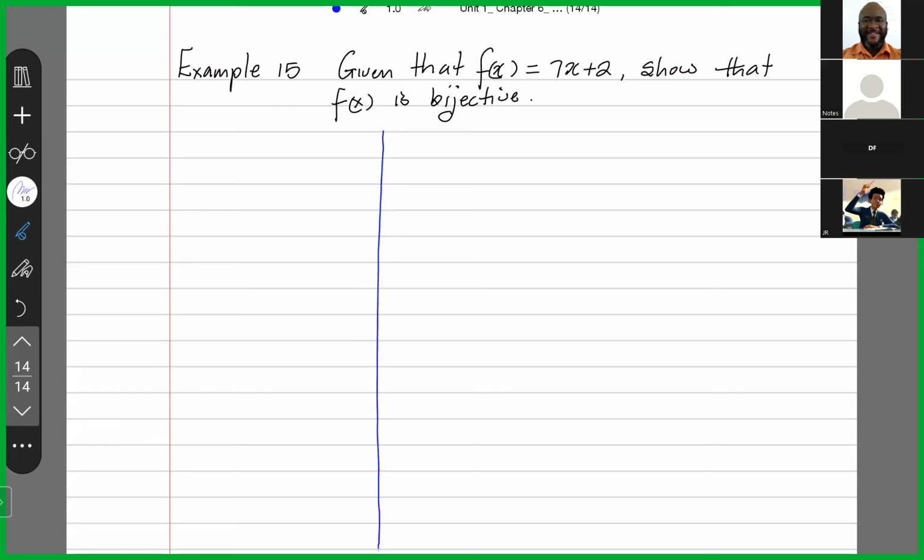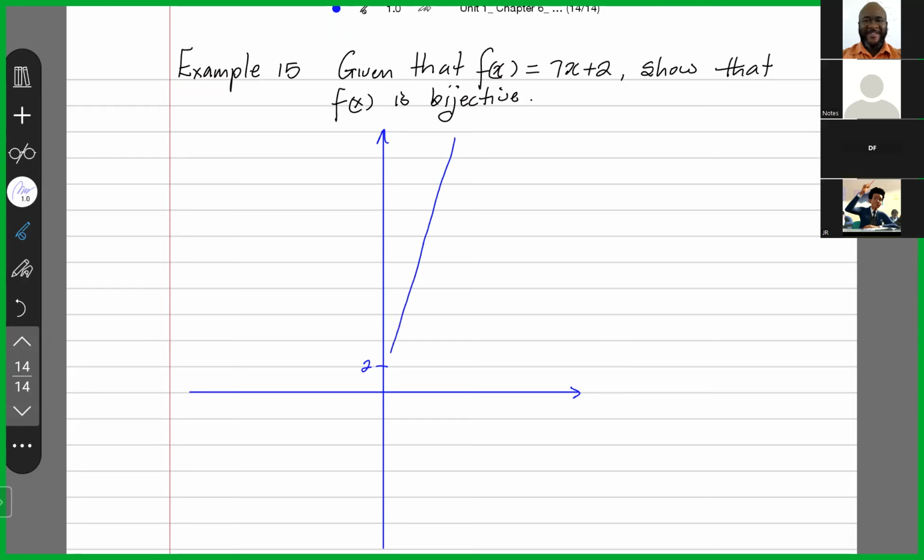Now, f of x is equal to 7x plus 2 is a linear function, and the graph of a linear function is a straight line. So I'm drawing my x-axis and my y-axis. The graph cuts the y-axis at 2. The gradient, which is 7, is positive.